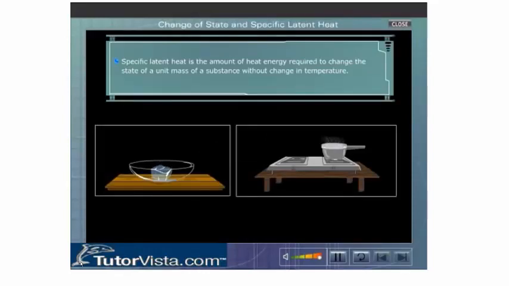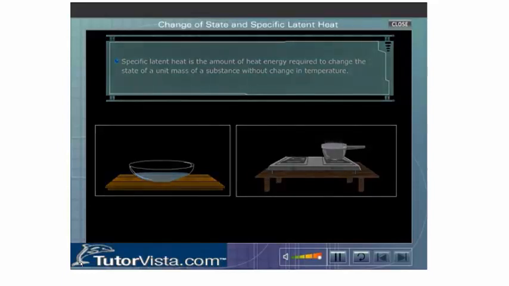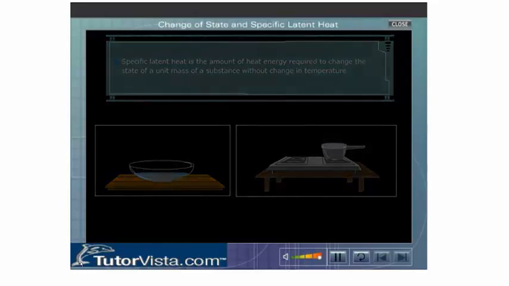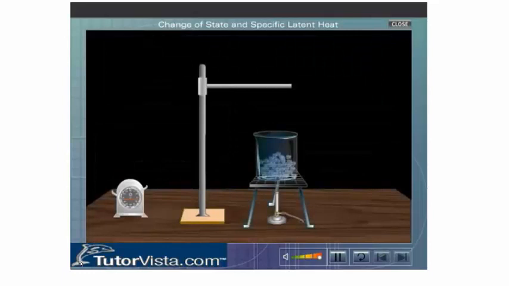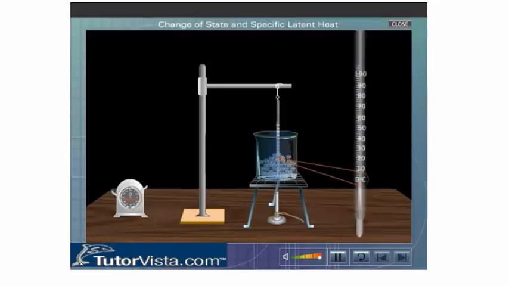Specific latent heat is the amount of heat energy required to change the state of a unit mass of a substance without change in temperature. The word latent means dormant or concealed. Let's perform an activity to find out why the heat energy required to bring about a change of state is called latent heat. Take some ice cubes in a beaker. Suspend a thermometer into the ice cubes and note its temperature. The temperature is 0 degrees centigrade.